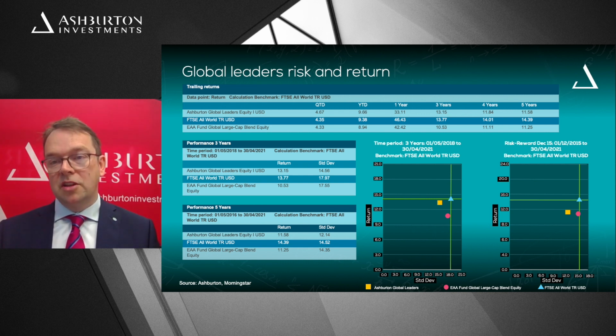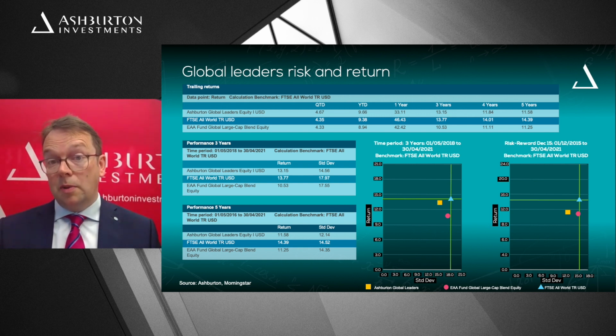That would be delivering returns superior to that of the comparator, but with lower levels of risk. And you really seek to avoid those strategies, I would imagine, that are in the bottom right quadrant. So we've taken less risk than the market and delivered very slightly less return over a 3-year period, and over a 5-year period, again, delivered with taking less risk than the peer group and slightly better returns than the peer group has.